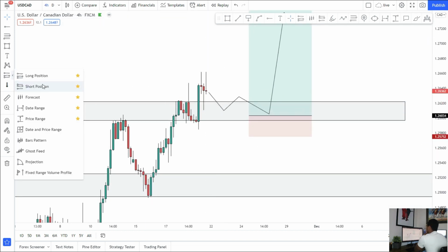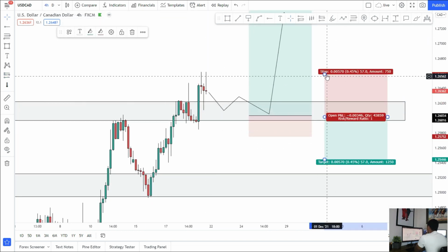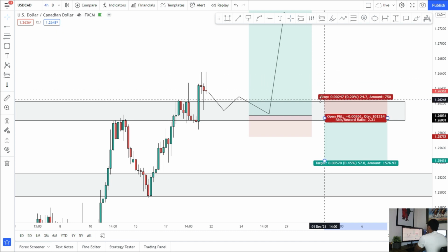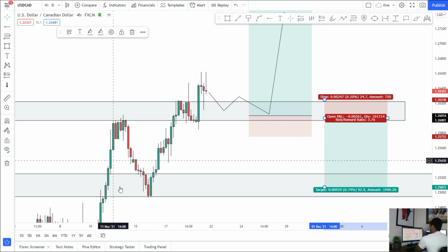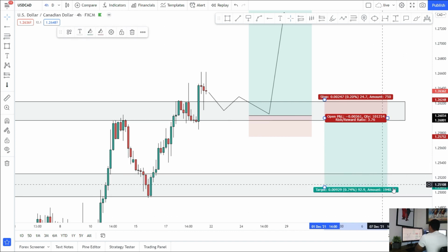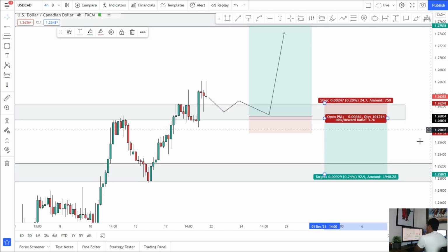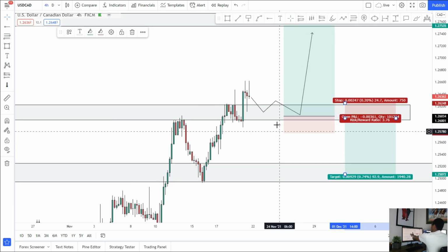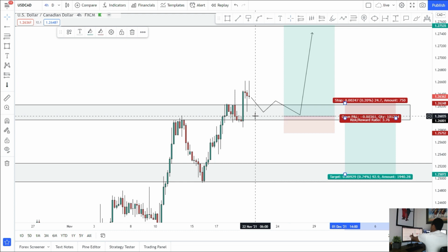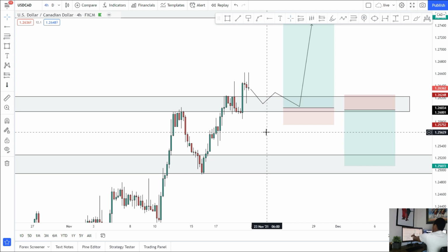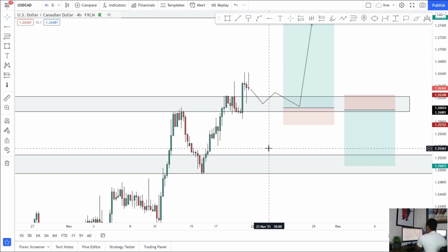If not, we break below, we'll look for the retest, use 1.26 for our entries as well, see if you can put some wicks into that area, stops just above, and we'll be looking for a push back down into that support around the 1.25 area, 1.25070. So that's the plan for USD CAD. See how we react with this level. So far we're bullish, so far we're above the level, so expecting a retest, another higher low, and look for the continuations. If not, we just break underneath, we'll look for the retest and sells back down to 1.25.